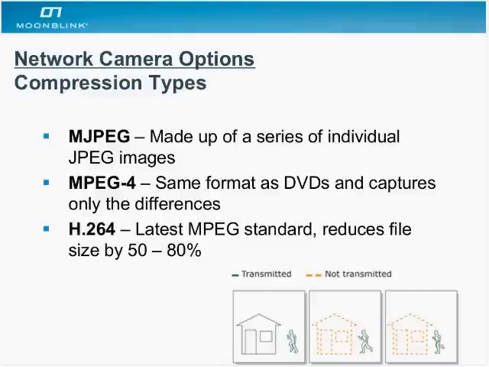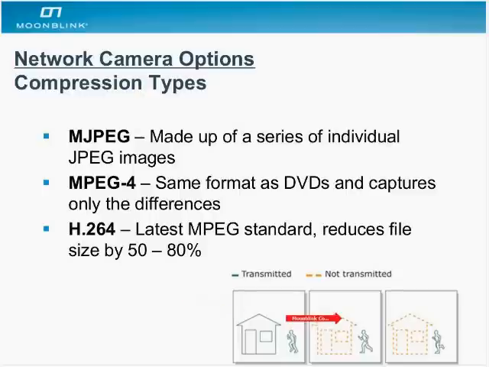The next one would be MPEG-4, which is the same format that you use on DVDs. It's a bit of an advancement on MJPEG in that it only captures the differences. If you look at these three frames at the bottom of the screen, there could be a person running towards a house. Even though the house is in the picture all the time, it doesn't move. The house is static.